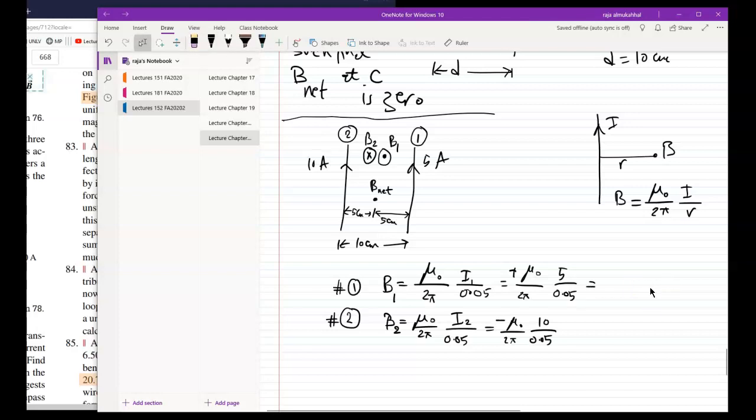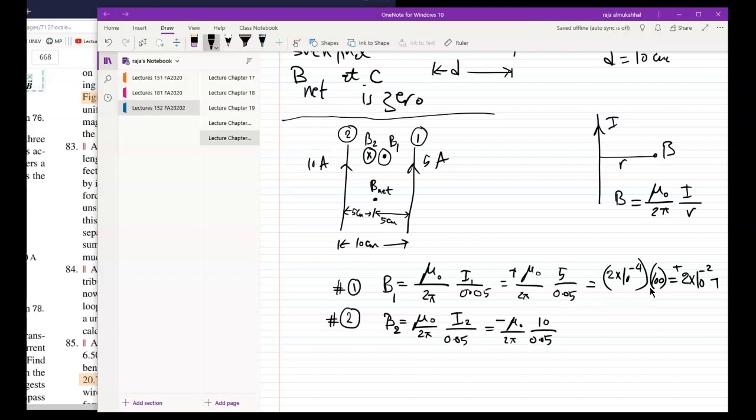So I know that mu naught over 2 pi, what is it? 2 times 10 to the negative 4. Multiply this by 5. Let me just use my calculator. So that's going to be 5 divided by 0.05, and so 100. So that gives me 2 times 10 to the negative 2 Tesla, and that's positive. Got it? Okay.